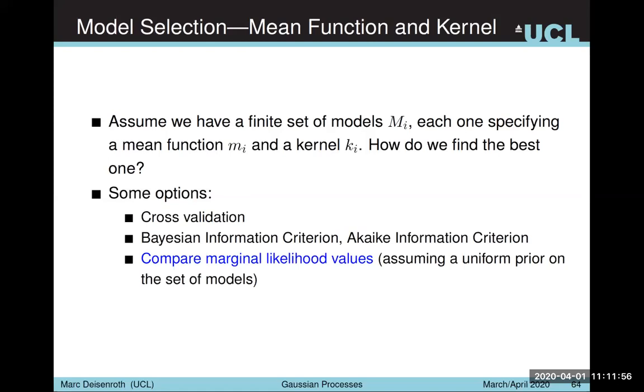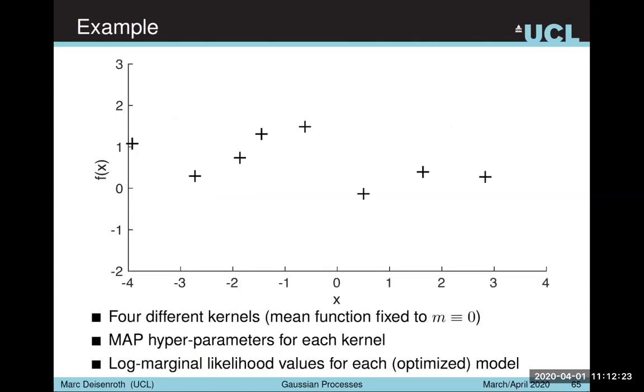And the reasoning comes exactly from the same place that we used earlier for hyperparameters. We can think of the marginal likelihood as a way to sequentially predict the data set, and instead of changing only the hyperparameters, we can also change the kernel or the mean function. And so that's exactly what we're going to do now.